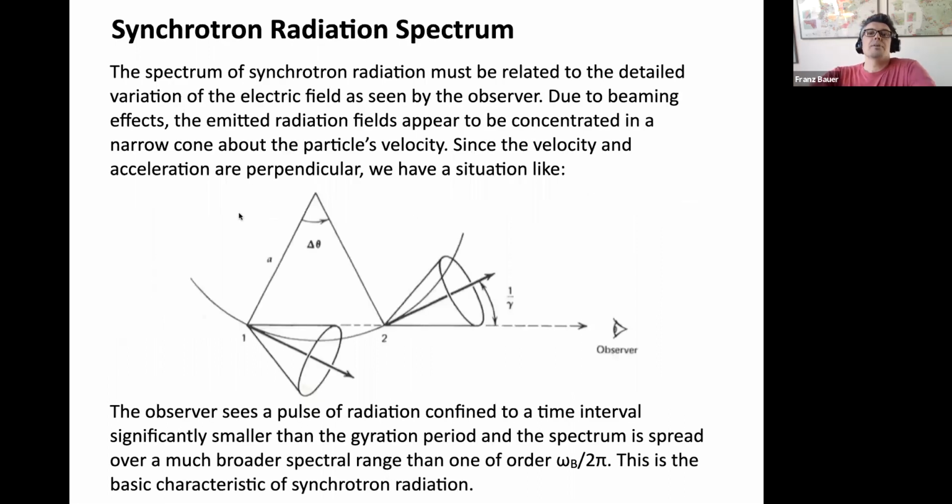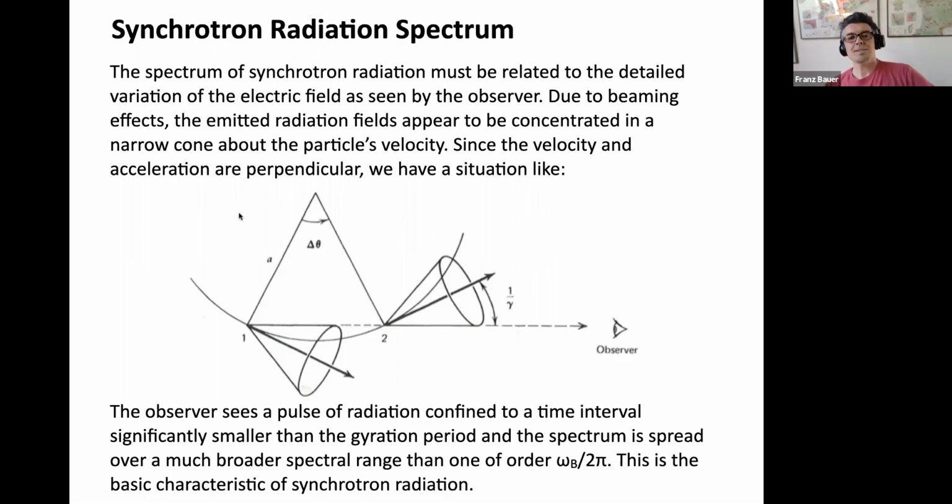Okay, so we can then think about how to calculate the spectrum for the cyclotron or the synchrotron case. And so it's useful to think about what's actually going on here. So we have our helical motion, right?